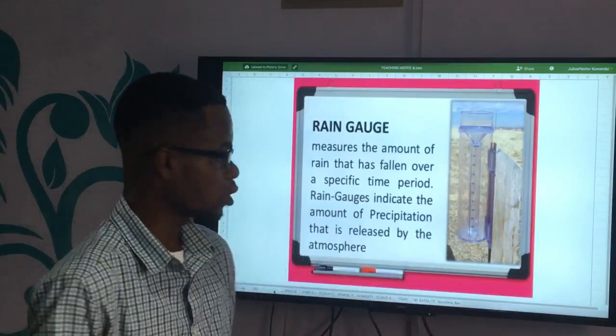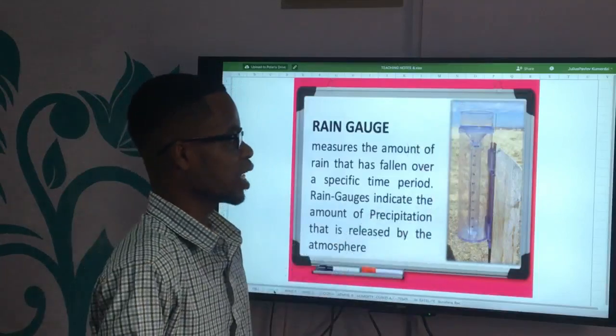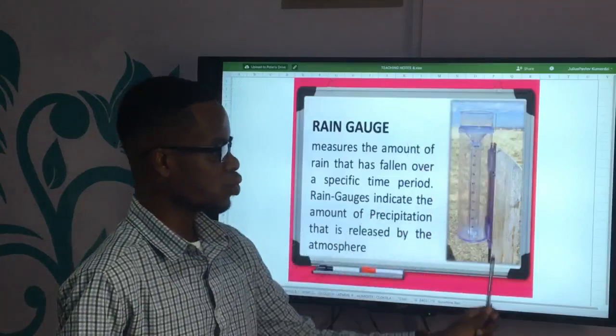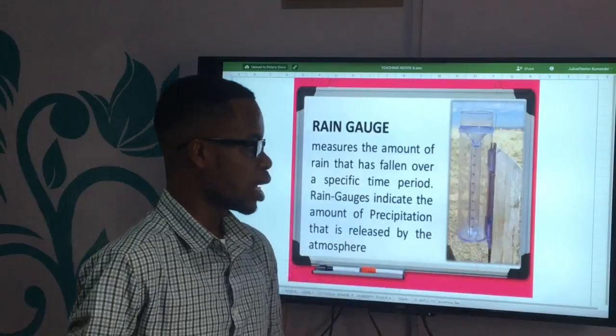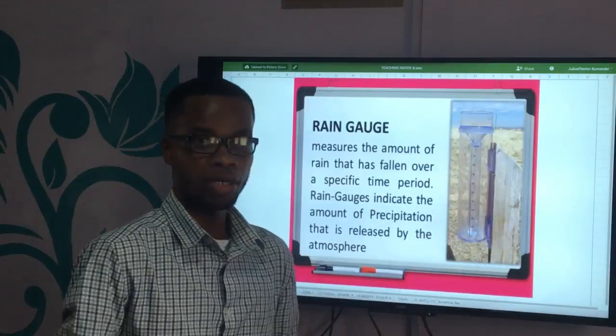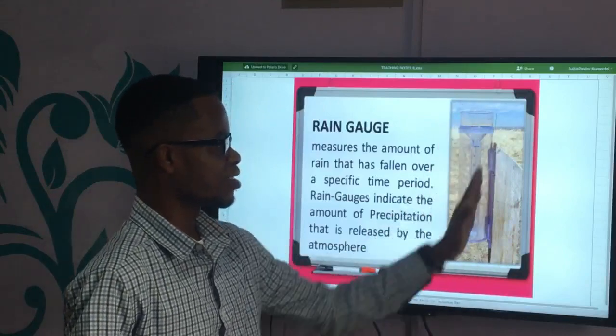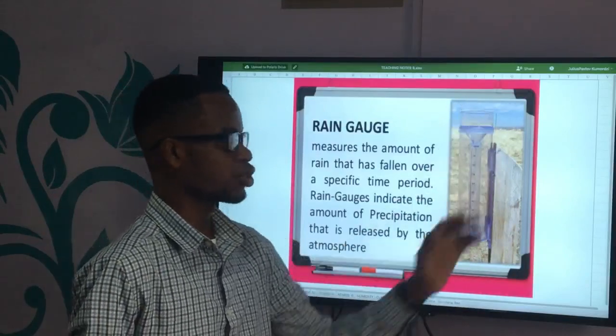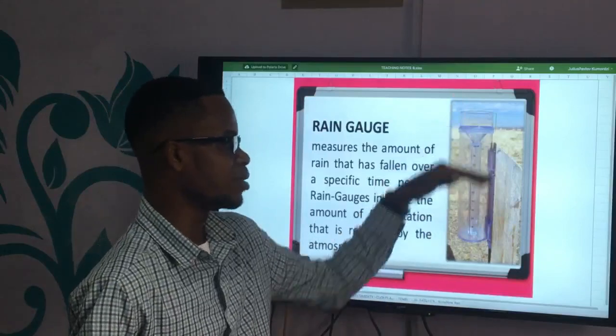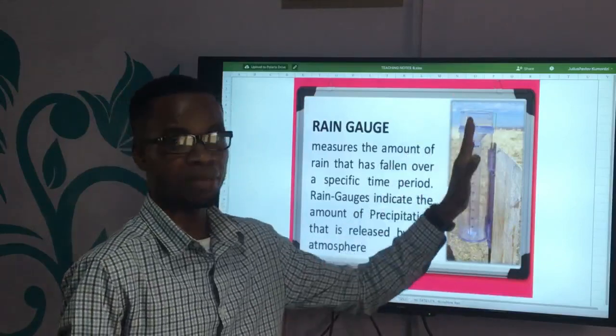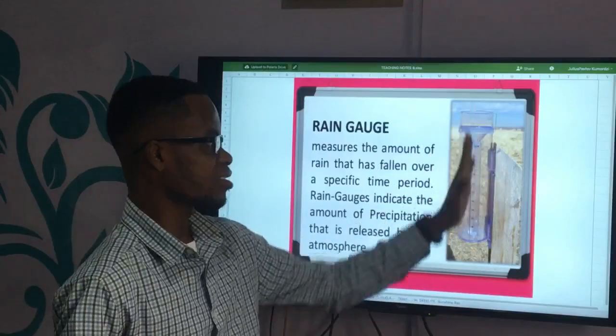The rain gauge. When you look at the picture clearly, there is a wood dipped firmly in the soil, and there is a container attached to it. The container has labelings or measurements.